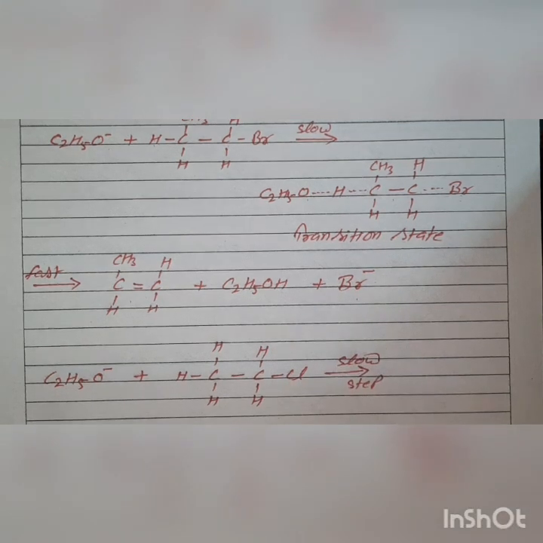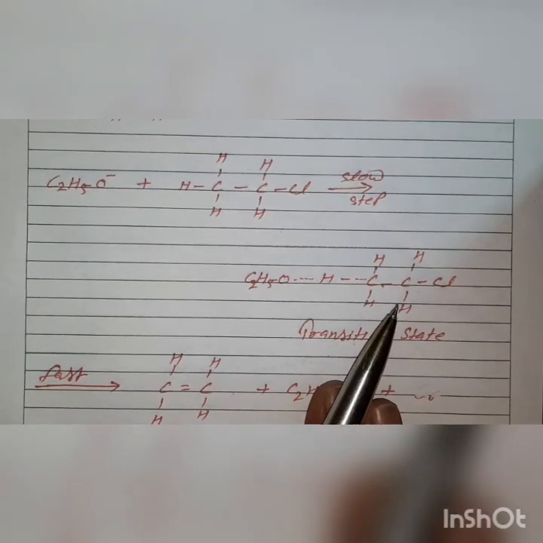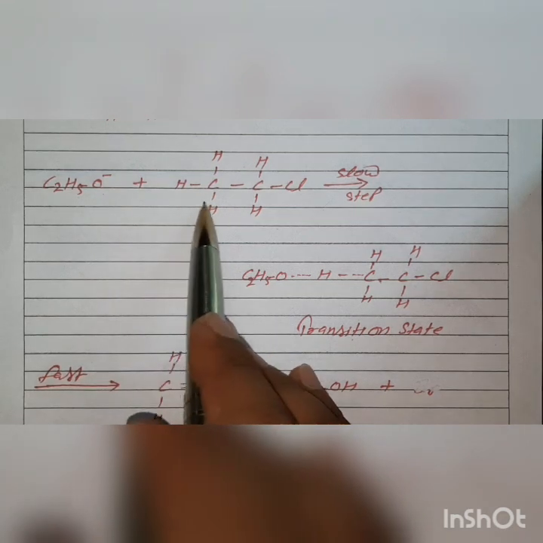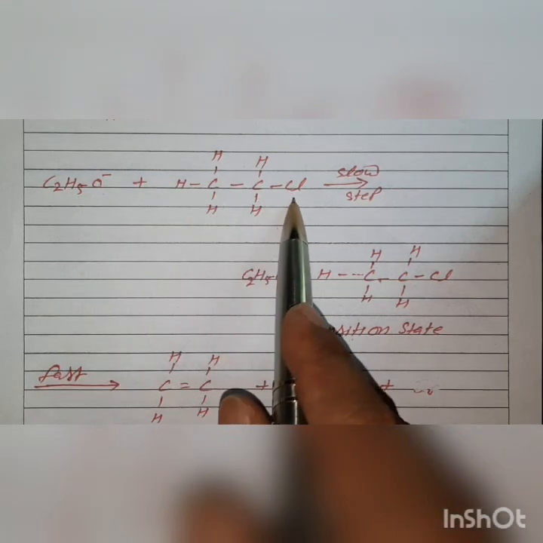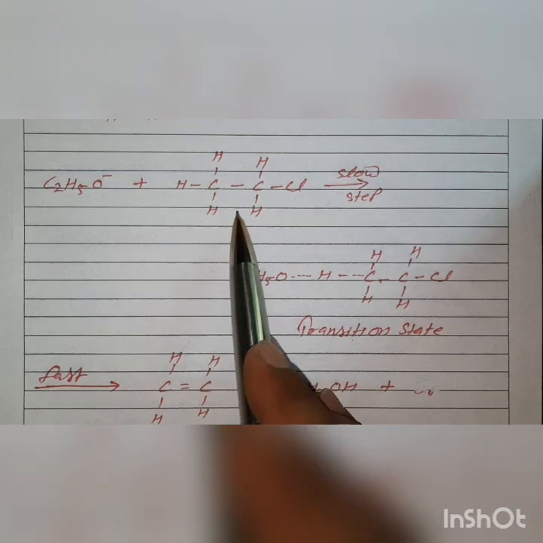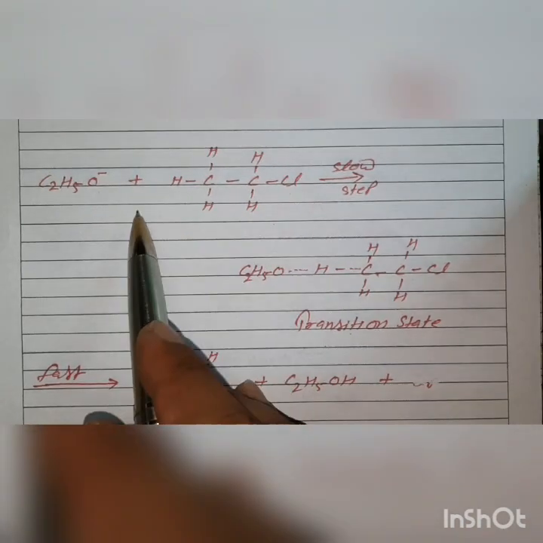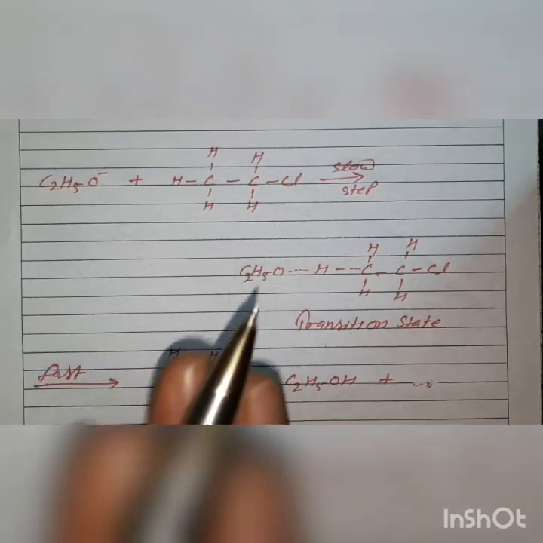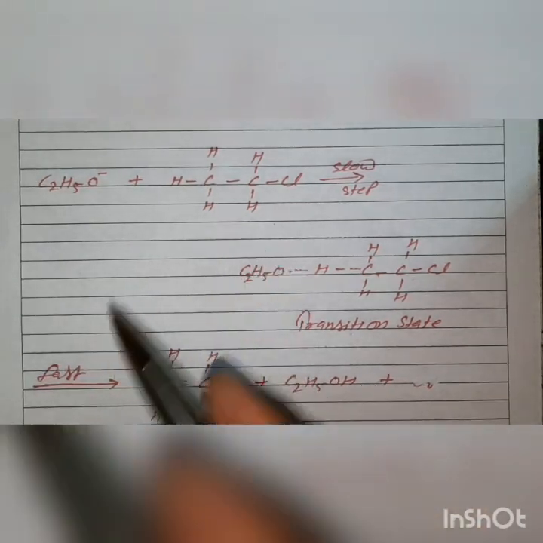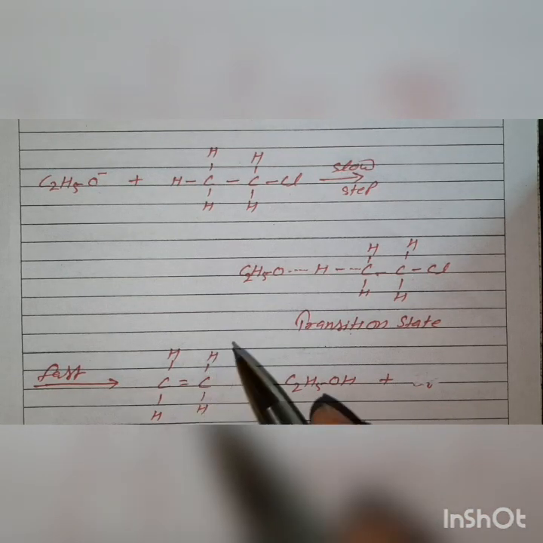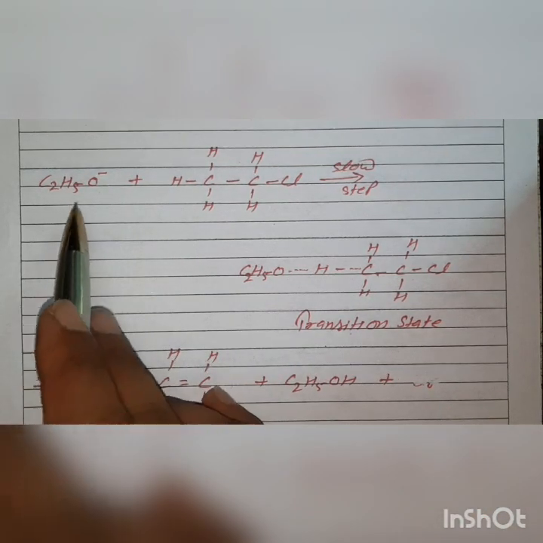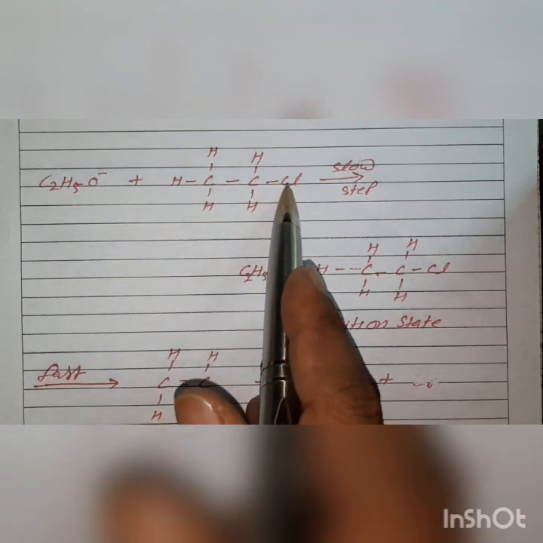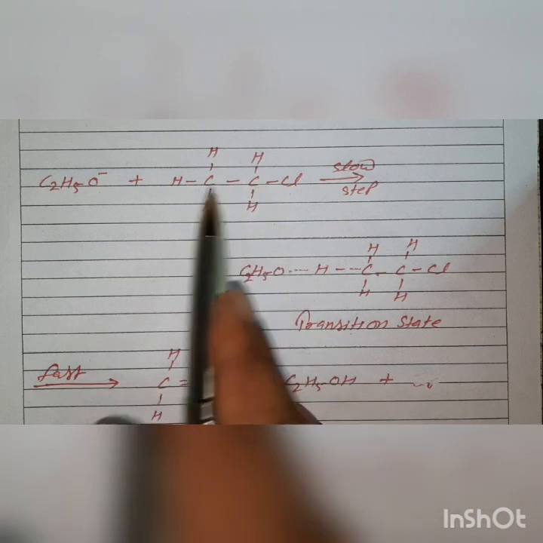Another example: C2H5O negative reacts with CH3CH2Cl, which is an alkyl halide. This reaction completes in one step, but in the middle it converts into a transition state. The hydrogen atom links with oxygen and the chlorine atom is removed from this carbon atom at the same time.